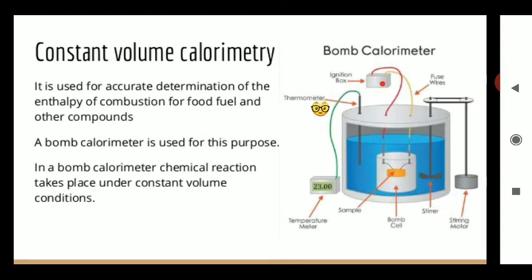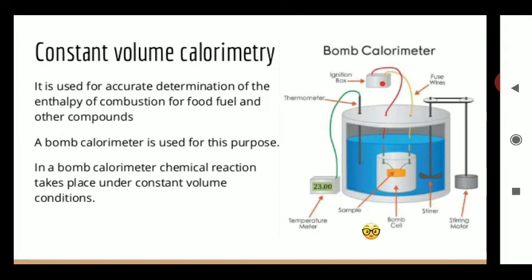As soon as we pass the current, the combustible substance undergoes combustion. During combustion, a tremendous amount of heat and energy is liberated. And this heat and energy liberated during combustion is responsible for raising the temperature of this device.